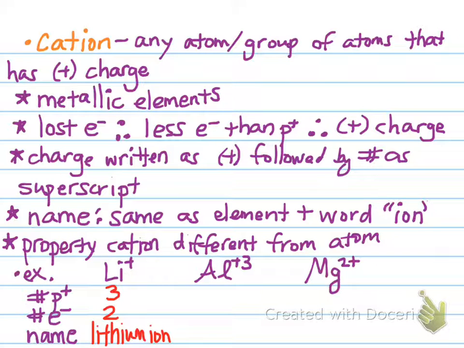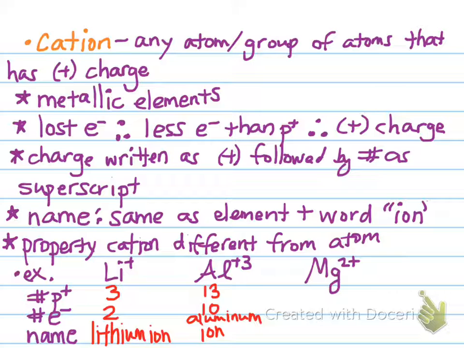For Al3+, this is aluminum, and it has 13 protons because its atomic number is 13. It has a +3 charge, which means it has lost 3 of its electrons. So it has 10 electrons, just like neon, and its name is aluminum ion.